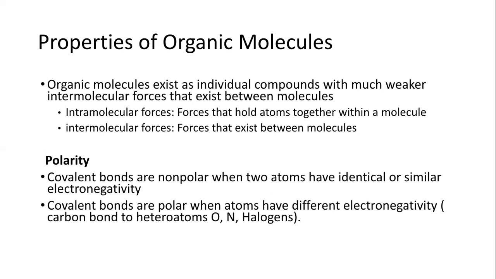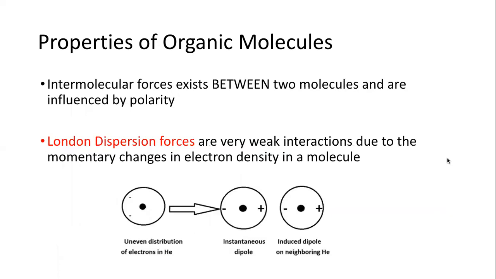Because we are focused on carbon for our organic molecules, this often happens when we have carbon bound to oxygen, nitrogen, or any of the halogens that are in group 7 of the periodic table.